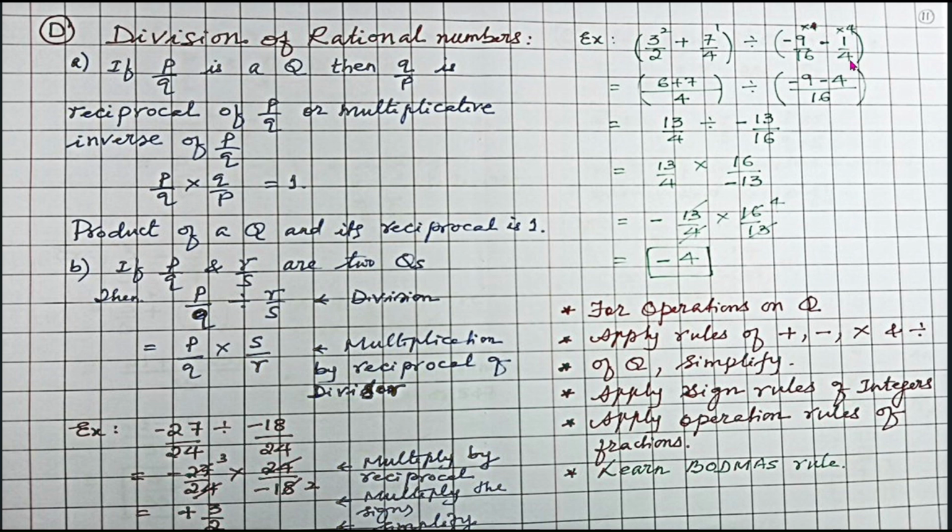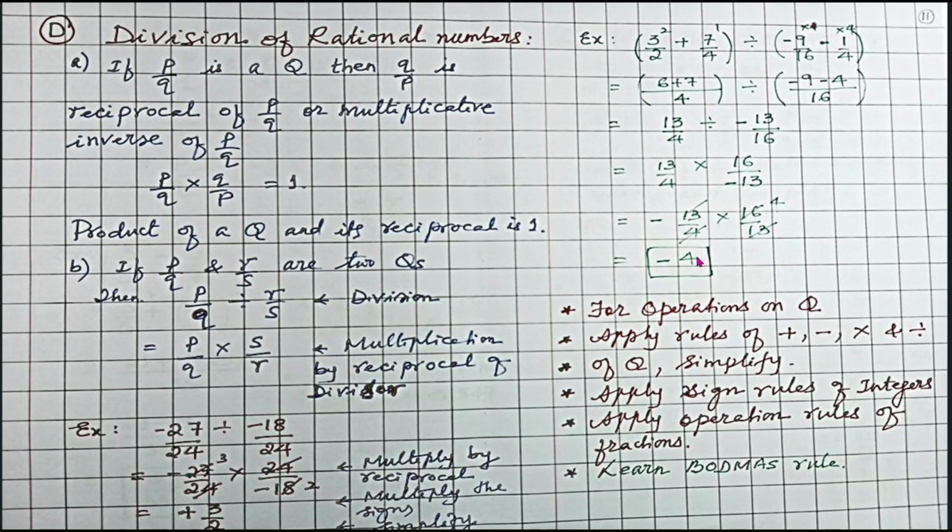Similarly here, 16 and 4, LCM is 16. Then we have 16 on the 16 minus 9 on the 9, 4 on the 16 minus 4, add, we get minus 13 by 16. Now division has to be converted into multiplication by taking the reciprocal of the divisor, that is 16 by minus 13, 13 and 13 will cancel, and by simplification we get minus 4.